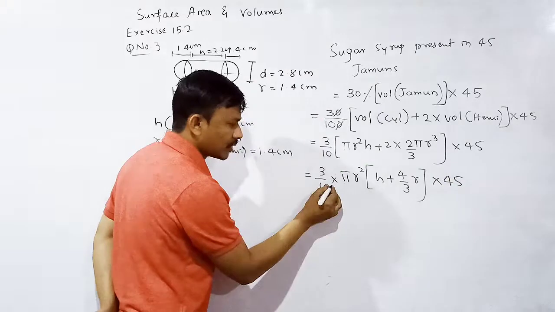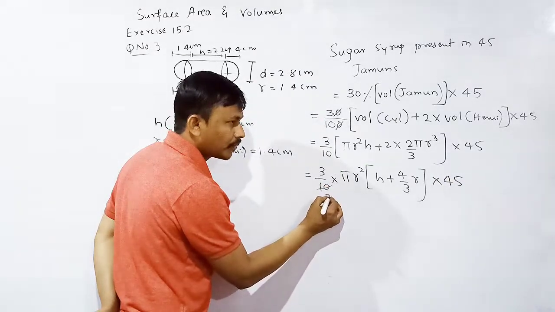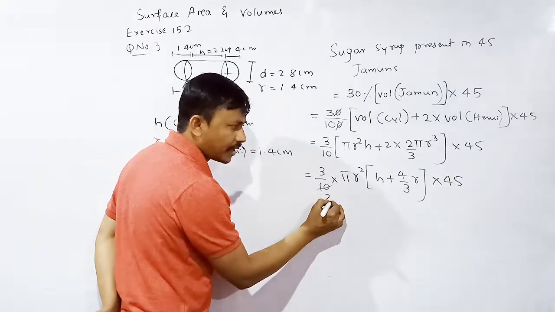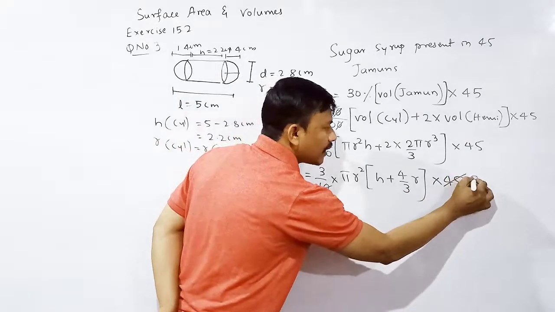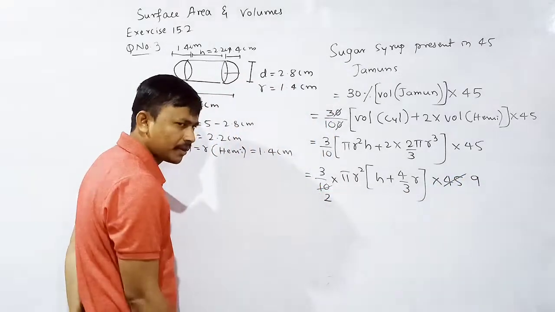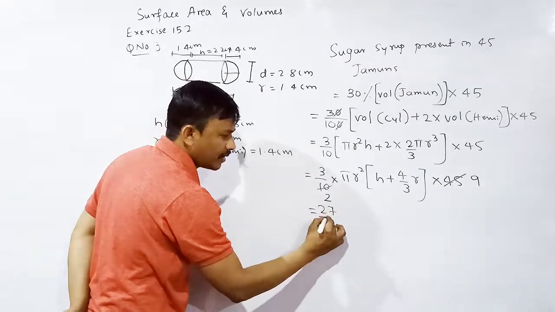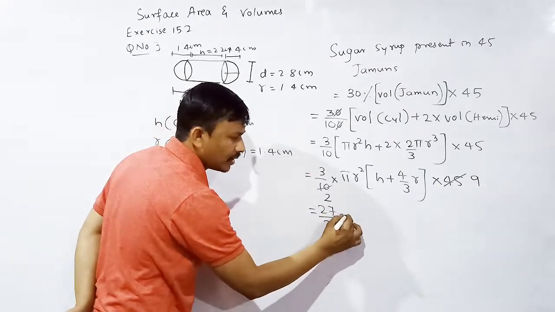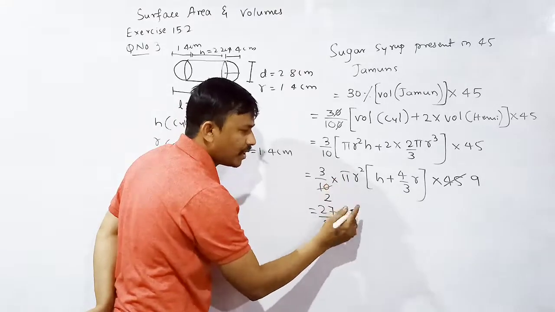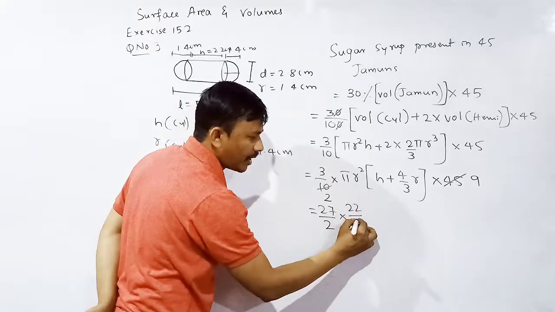Correct? Next, 5 2s are 10, 5 9s are 45. Okay, 9 3s are 27 divided by 2, into what is the pi value? 22 divided by 7.